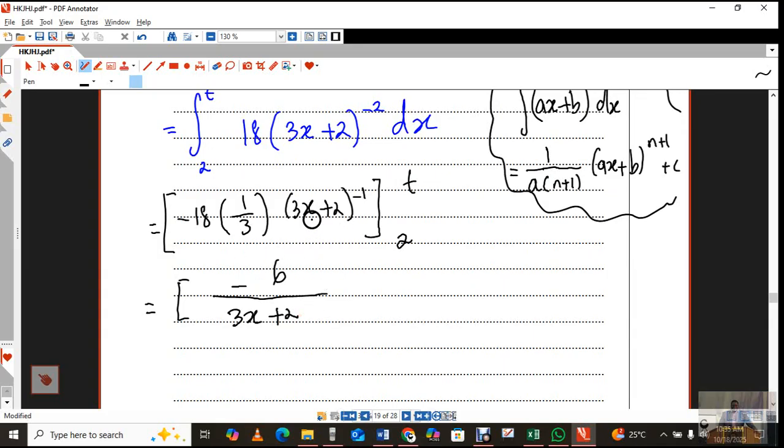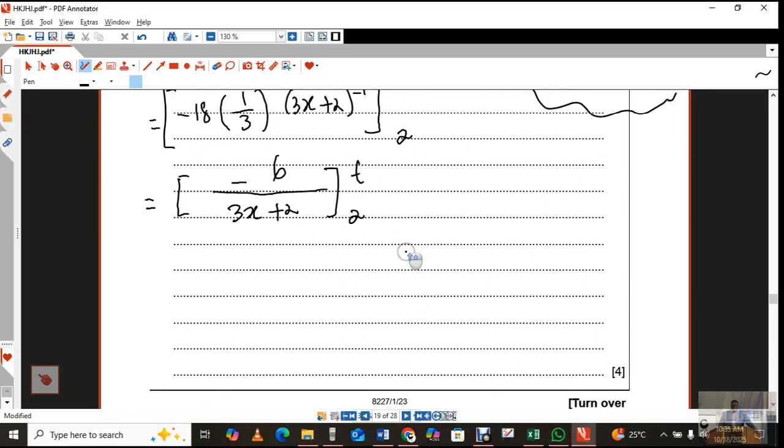Now we substitute our limits, starting with the upper limit: negative 6 over 3t plus 2, minus the same thing, negative 6 over 3 times 2, the lower limit, plus 2.